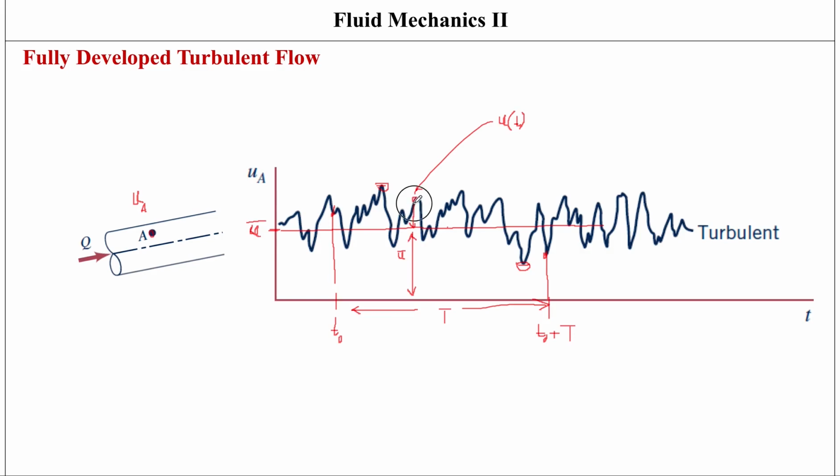Let's say I represent this fluctuating part of the velocity by u dash. If I add this average velocity to the fluctuating part of the velocity, that would be the same thing as the velocity at this point, right?